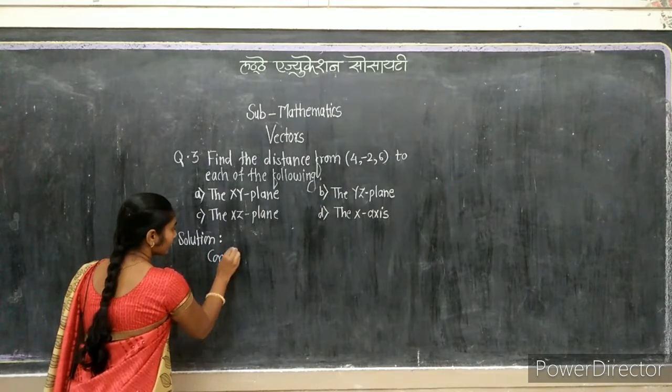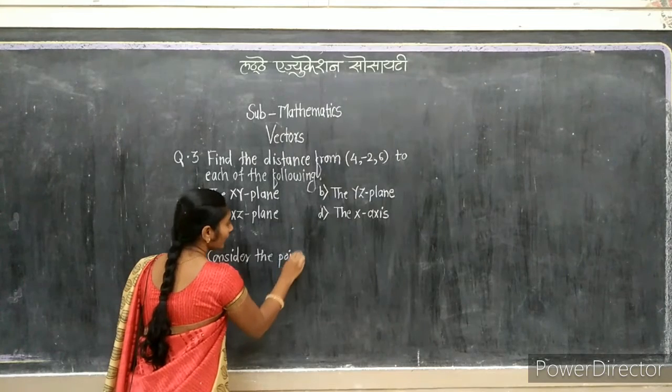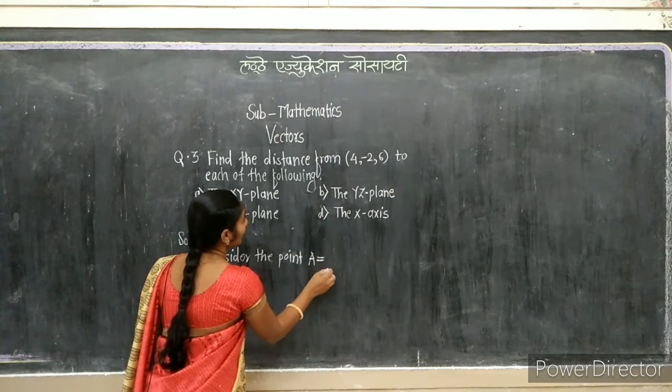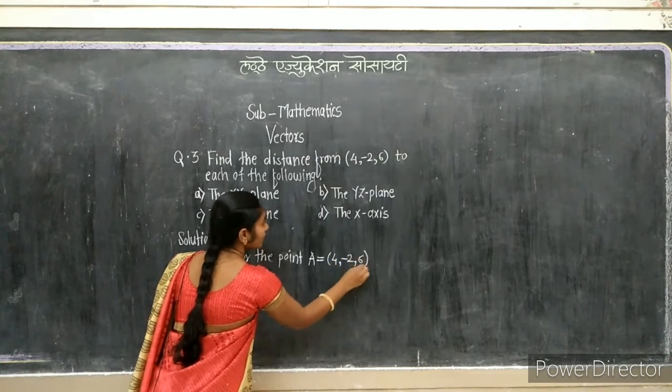Consider the point, this point is said to be A, equal to (4, -2, 6).